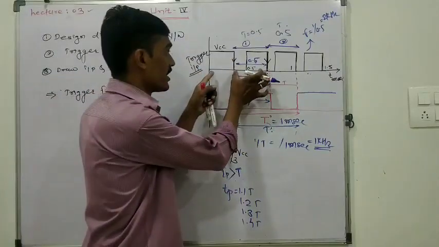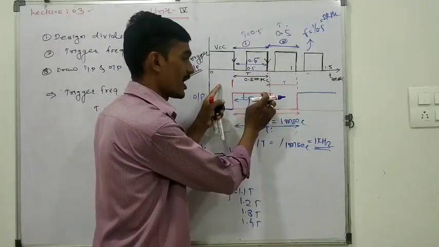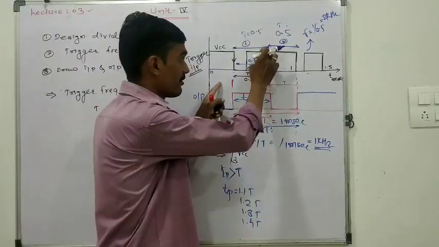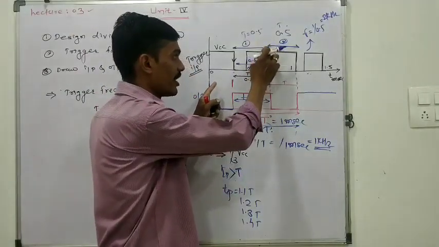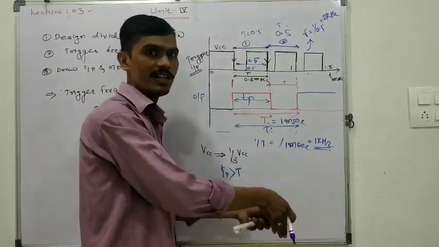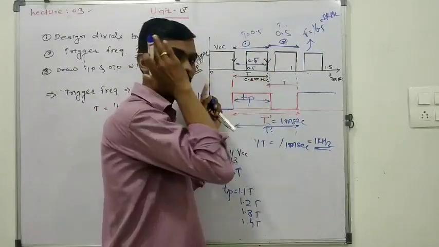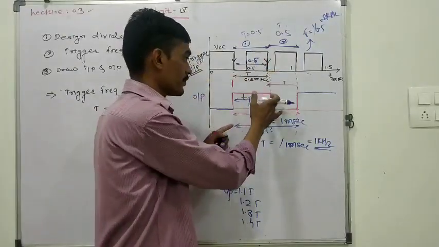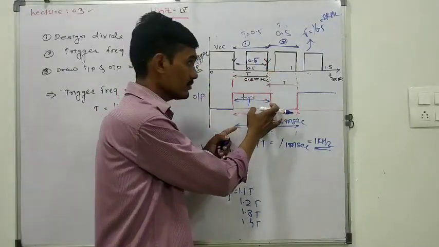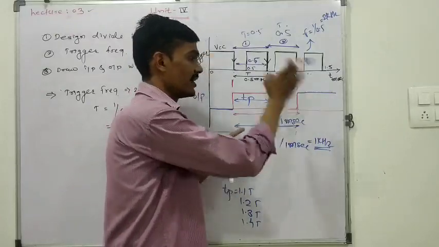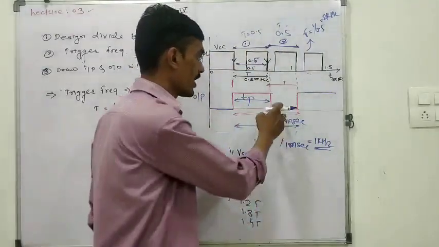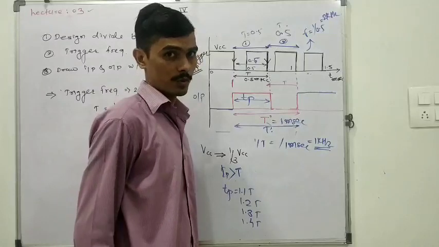Because for a single T, it just continues to charge. After that, whenever the negative trigger is available, it is already charging, so there is no trigger. It will continue to charge, and after that, whenever it is fully charged, it starts discharging. So we are getting a zero output.